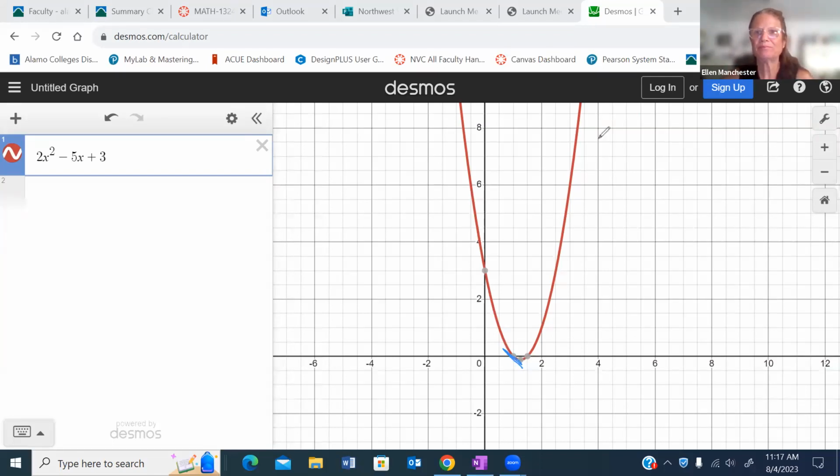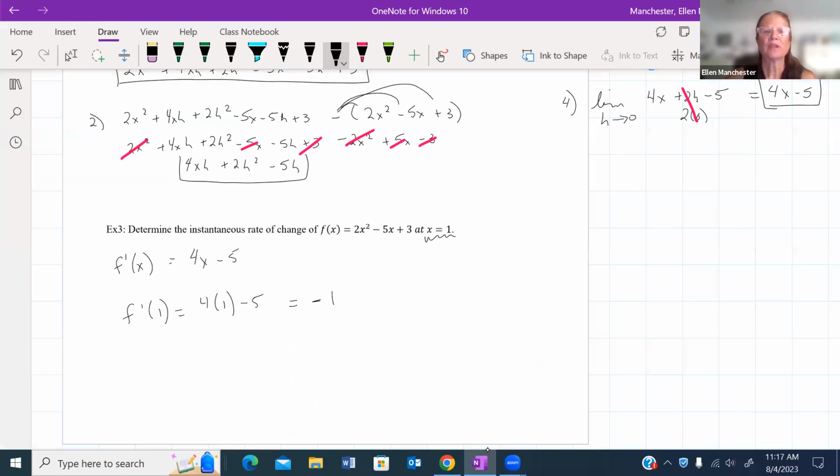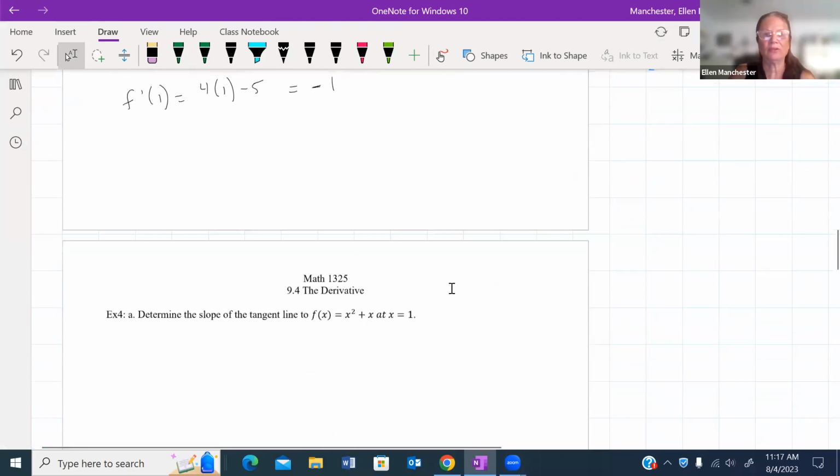Okay. All right. So let's go back to our OneNote. Too many buttons to push. Oops. Okay, so here we go. So we found the instantaneous rate of change, or the derivative, the slope, right at x is 1.